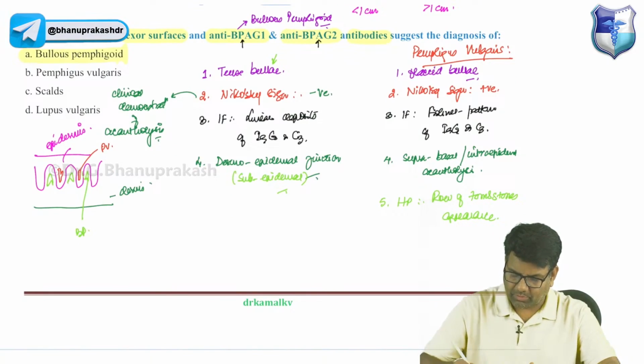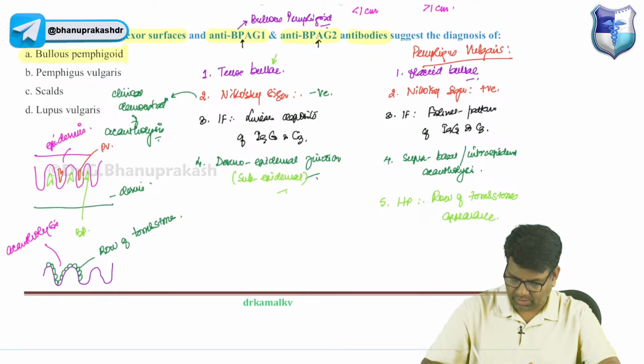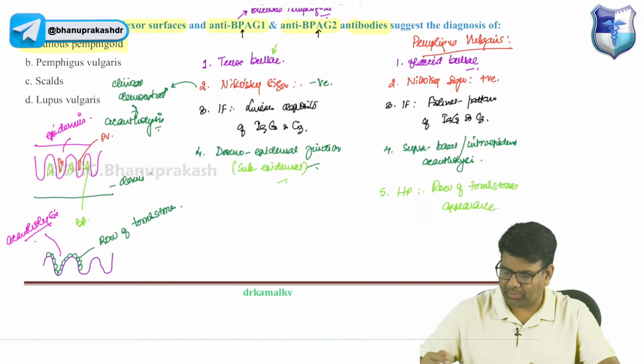So suppose if this is the basal layer of epidermis, the basal cells remain attached somewhat like this, and this gives rise to the row of tombstone appearance. And just above that we have the acantholysis or blistering. So this is row of tombstone.